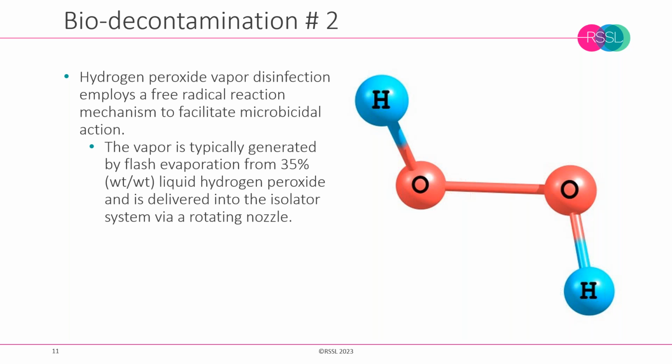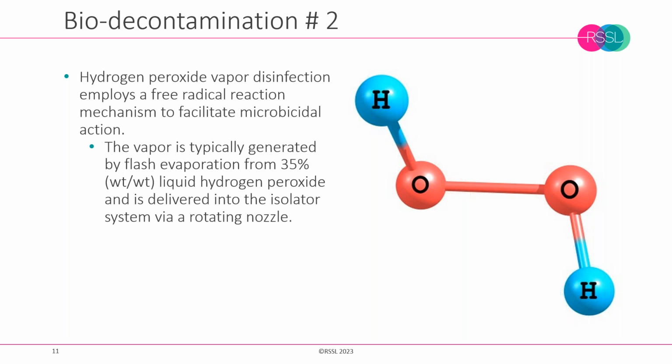It's technically not a gas, but is a vapor, and that's just down to the level of micro condensation that exists in the vapor form. And then the hydrogen peroxide will eventually decompose or disproportionate into water and oxygen gas, and that can be facilitated by the use of a catalyst.